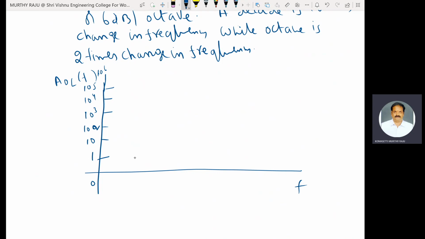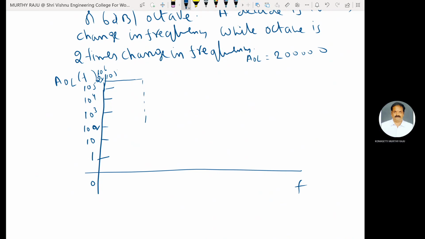This one is the corner frequency again. AOL is equal to 2 lakh at 0 Hz frequency, that means 2 into 10 power 5 at 0 Hz. The gain is constant up to f naught.